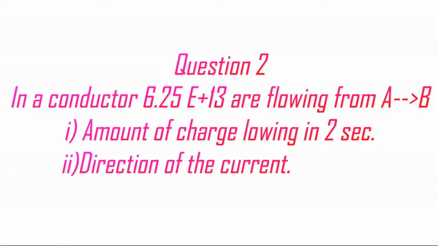In a conductor, 6.25 into 10 to the power 13 electrons are flowing from point A to point B in 2 seconds. Now we need to find the amount of current flowing and the direction of current.